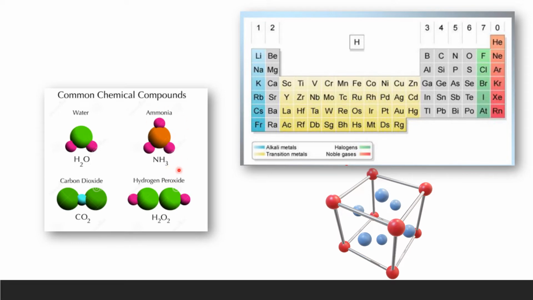Ammonia, a very common compound. You have your N and then 3H. Your carbon dioxide, these guys are bad for our biochemical system: your carbon and then your 2 oxygen. Hydrogen peroxide: 2 hydrogen and 2 oxygen. Okay.